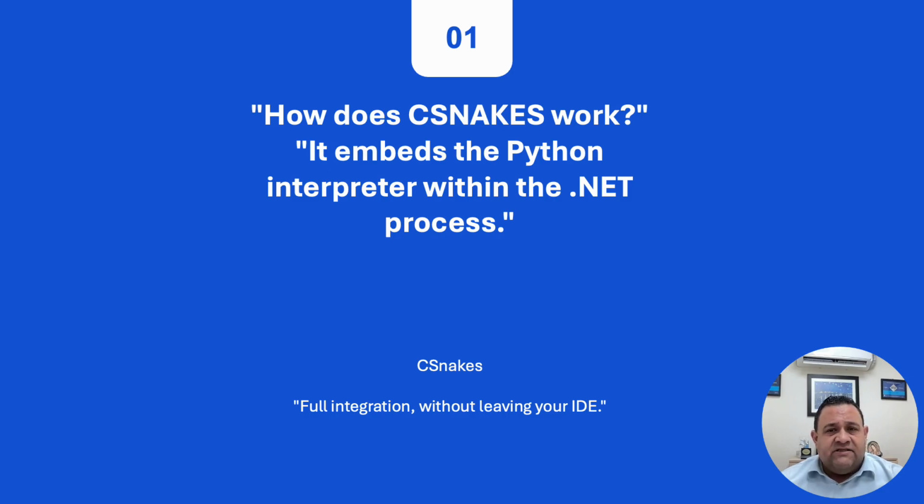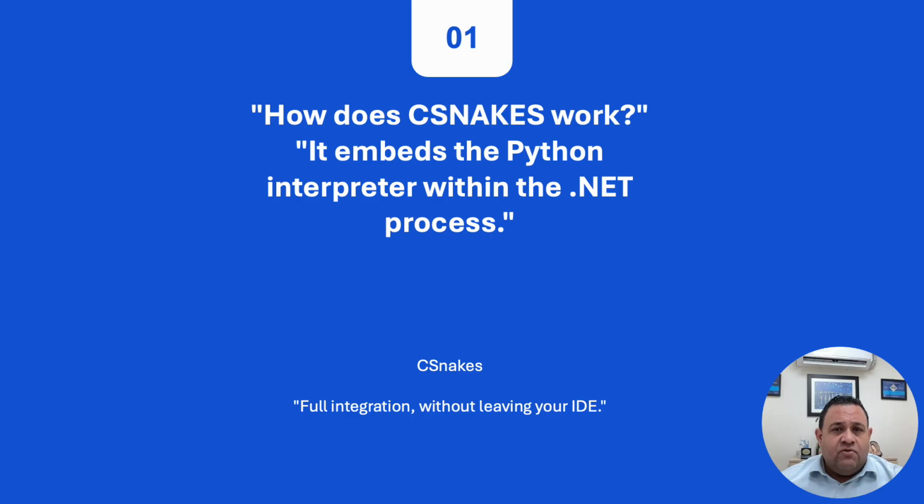How does CSnakes work? It embeds the Python interpreter within the .NET process. CSnakes is a NuGet package you add to your .NET project. You drag in your Python file, and at runtime, it embeds the native Python engine, fully compatible with any current Python library.